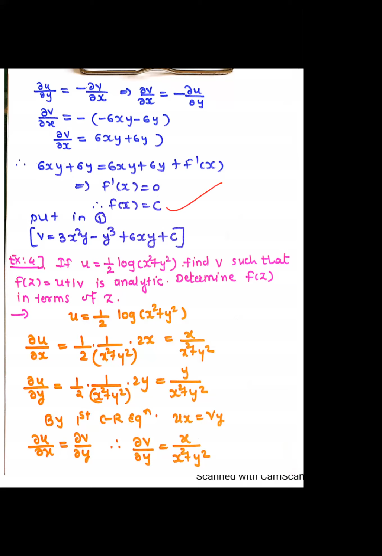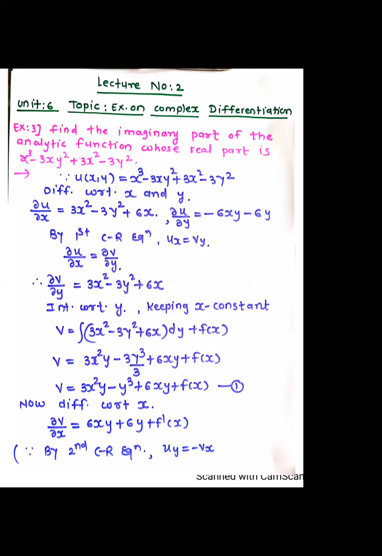As f dash of x equal to 0, therefore f of x will be what? Constant. When we integrate this, the right hand side is 0, so only the constant of integration will be added. Okay, so f of x equal to c, and now put that value of f of x in equation number 1.